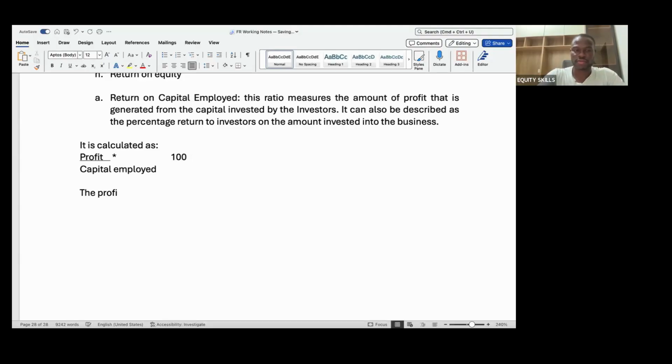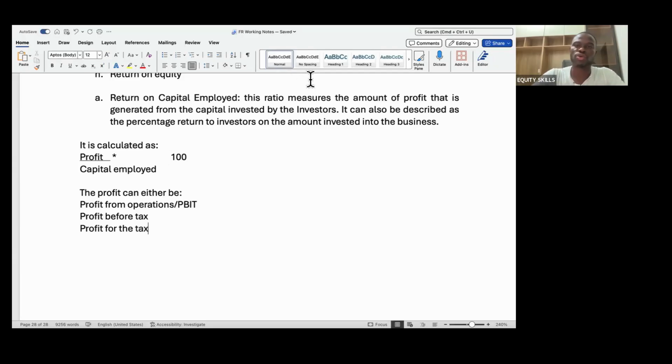The profit here is either profit from operations, which you can also call PBIT, profit before interest and tax, or we can use profit before tax, or we use profit after tax, which is also called profit for the year.